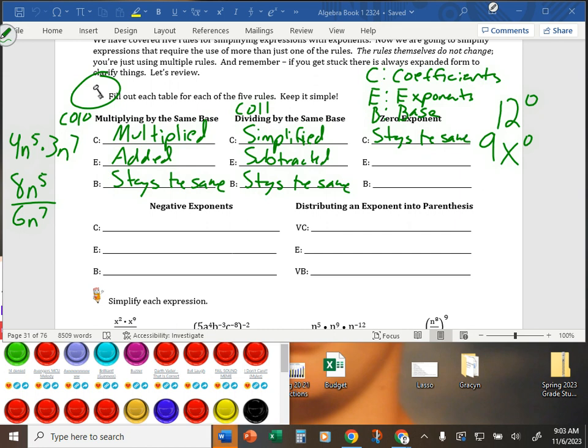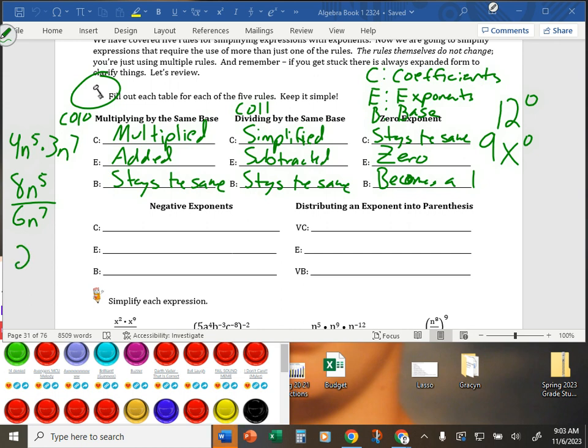I guess negative powers is similar, it stays put. But in this rule where the base changes, the coefficient that's not affected by the power stays the same. The exponent, obviously, it's a 0, right? That's kind of how you know it's a 0 power rule. And what happens to the base? Becomes a 1. That is back in CO12. Becomes a 1.